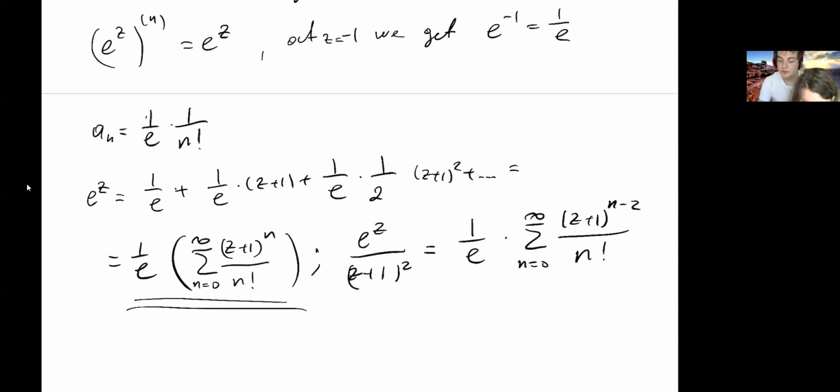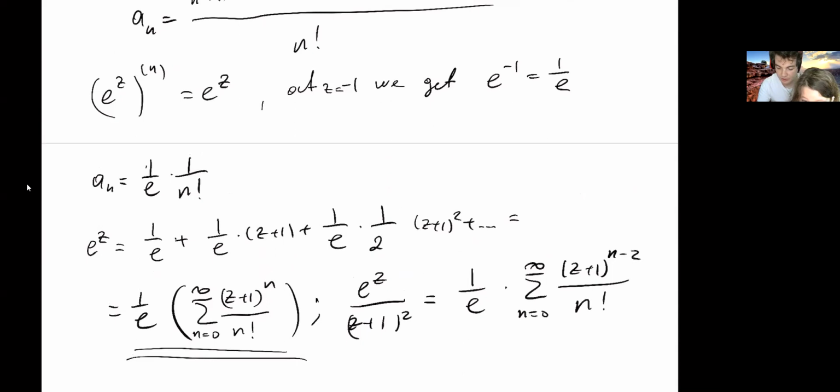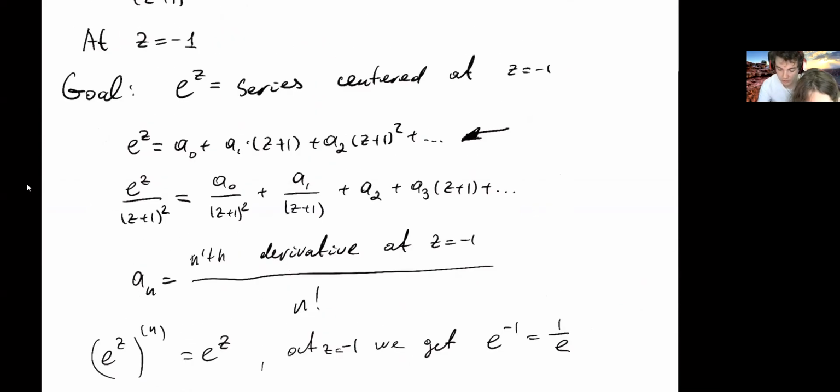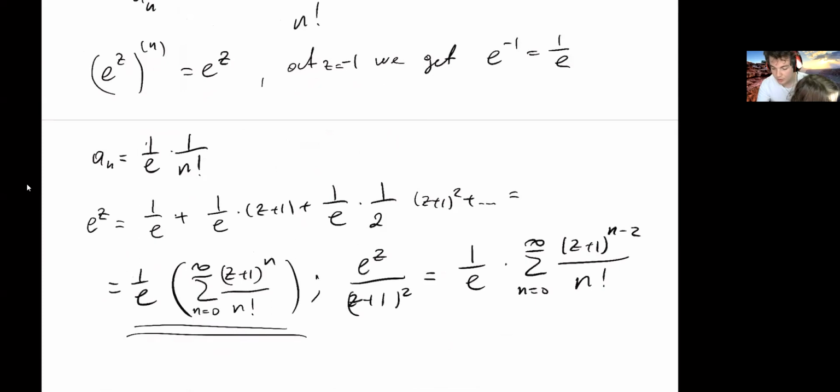We can shift n, but anything is okay here. The most important thing, because we're using this for integration, is to see the pole. The residue will be a_1, and we know that a_1 is just 1 over e.